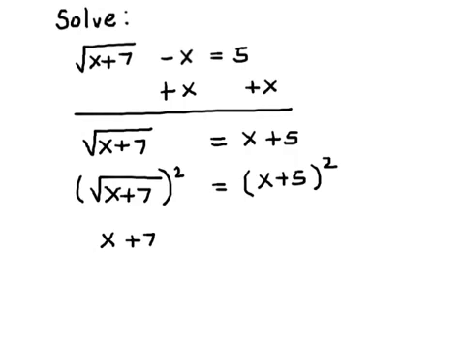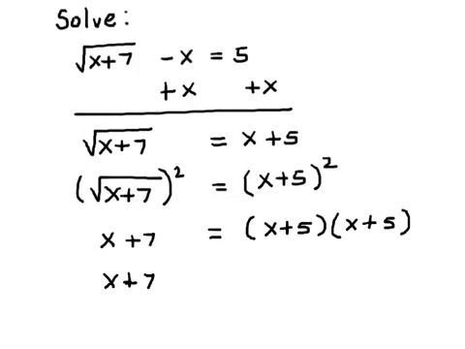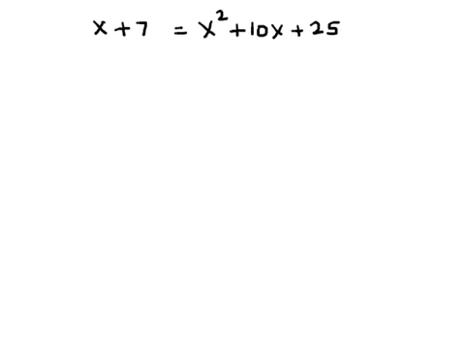And on the other side, we expand it by writing x plus 5 times x plus 5 and then FOIL it. So we have x plus 7 is equal to, when I FOIL the right-hand side, x squared plus 10x plus 25. This now is a polynomial equation to be solved.